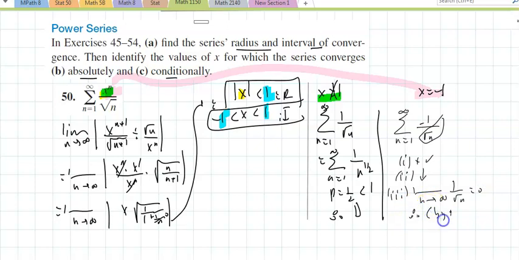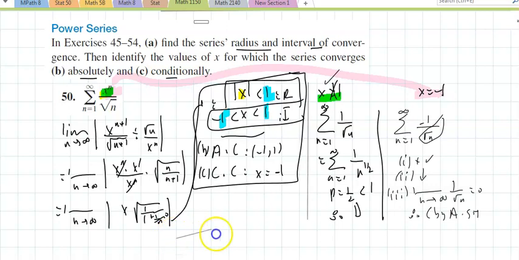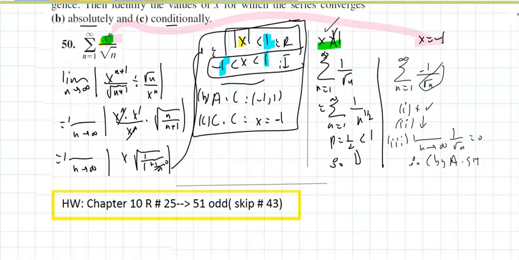Therefore, converge by alternating series test. So this is allowed. So we say absolutely convergent for negative 1 to 1, and conditionally convergent only at x equal negative 1. And that would be my answer. And there's the homework.